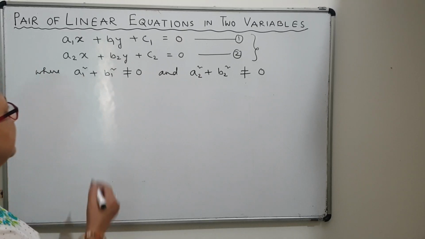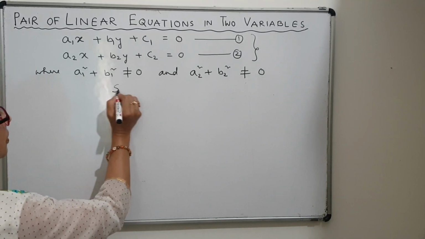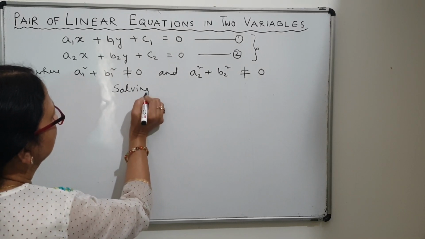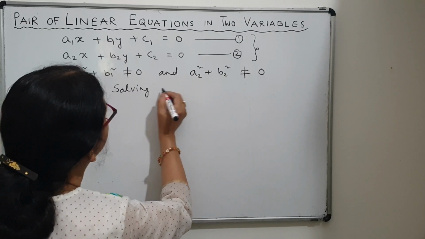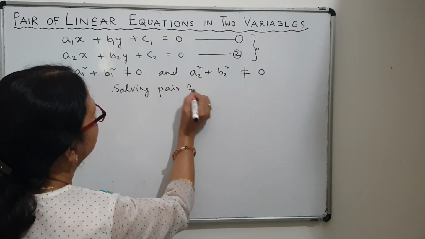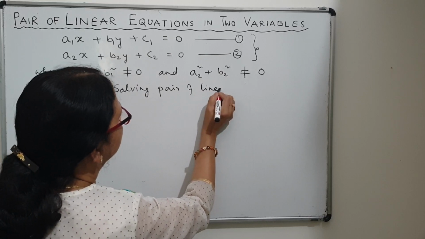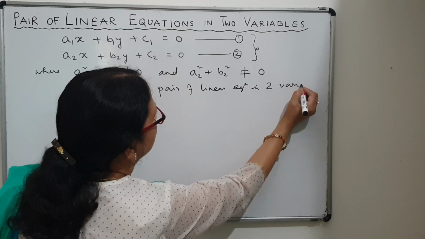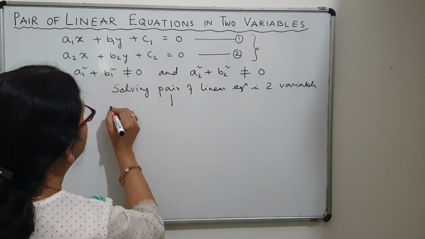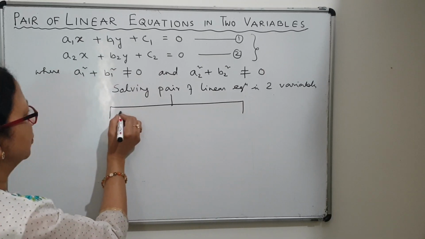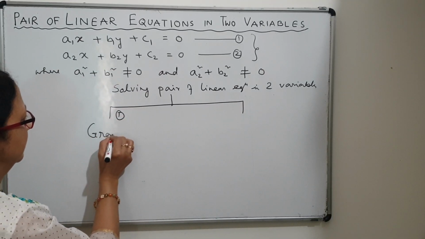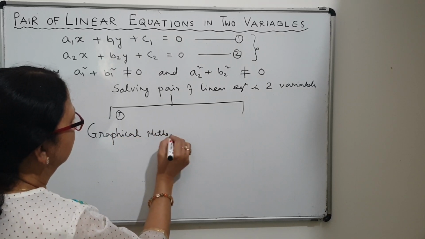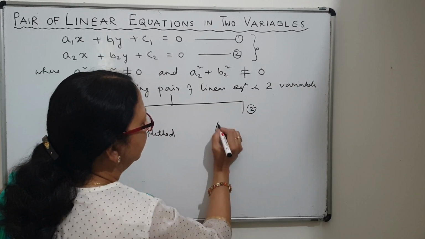Solving a pair of linear equations in two variables can be categorized into two broad ways. First one is the graphical method, and the second one is the algebraic method.